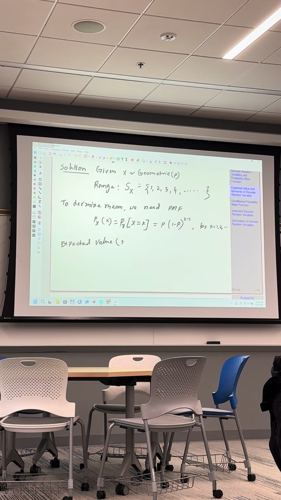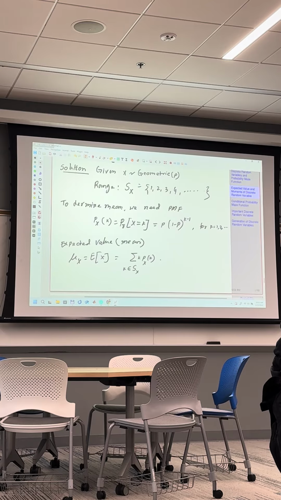In other words, we want to find the mean of random variable x, which is the expectation of x, the sum over k in S_x of k times the PMF.